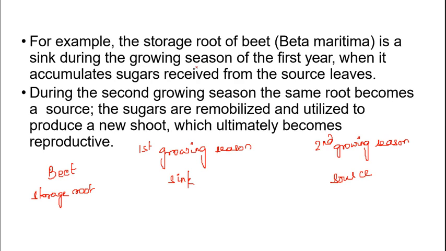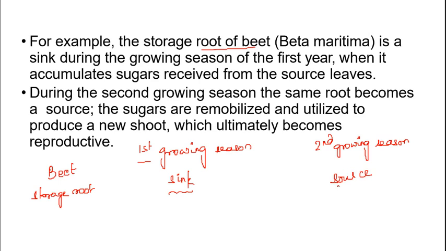If I take one example, the storage root of beet, scientific name Beta vulgaris, what we see is that in the first growing season, the storage root of beet is a sink. In the first growing season, it accumulates a lot of food from the source leaves. So it is taking the food from the source leaf. It is acting as a sink. But in the second growing season, the same root becomes the source.